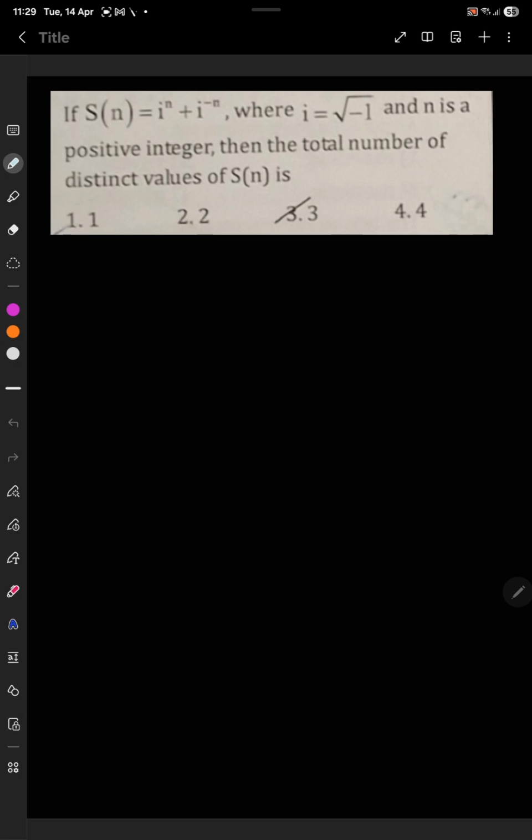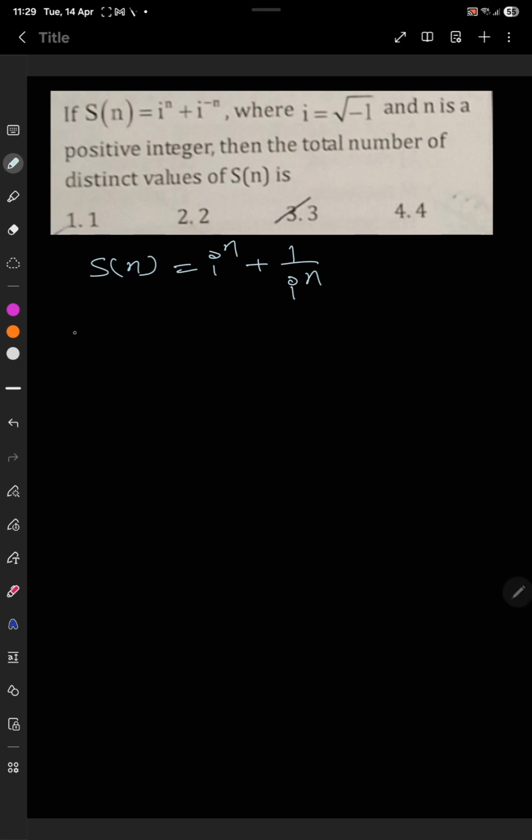In this problem, if Sn equal to i power n plus i power minus n, that is 1 by i power n, where i equal to root of minus 1 and n is a positive integer, then the total number of distinct values of Sn.